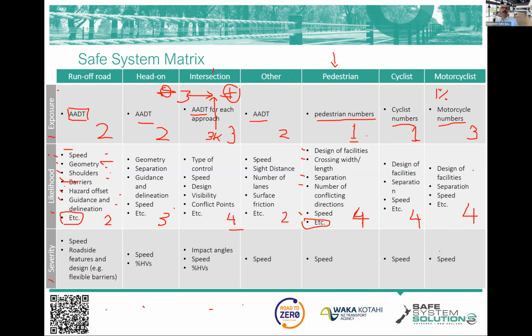It's about predicting future risk. That could be that in the past that risk has presented itself with crashes. It could be that it hasn't yet. And very often for these safe system audits, it's associated with projects that are going to happen. So crash history is somewhat irrelevant then, because it'll be a different configuration.